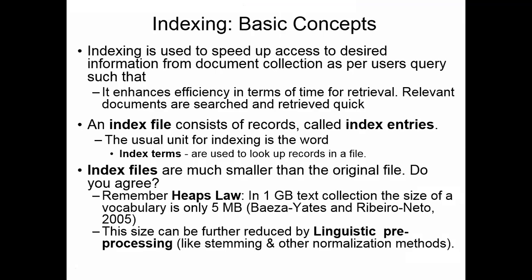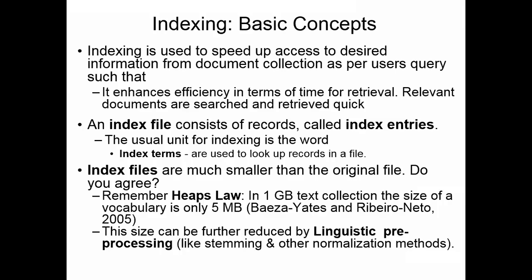After conducting experiments on English textual documents, they found that in a 1 GB text collection, there is only a 5 megabyte vocabulary, meaning distinct words. So just by identifying only distinct words, we can compress from 1 GB to 5 megabytes.